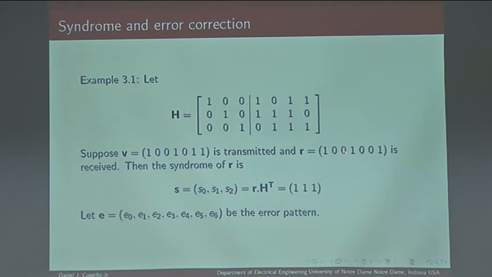So the syndrome we calculate by multiplying this received vector by H transpose. So we get this plus this plus this. And that's going to give us 1, 1, 1. We get 1, 0, 1 plus 1, 1, 0 is 0, 1, 0 plus 1, 0, 1 is 1, 1, 1. So this is our syndrome.